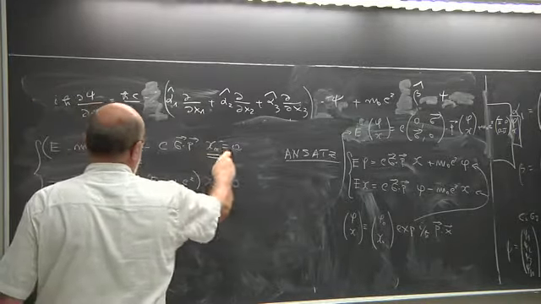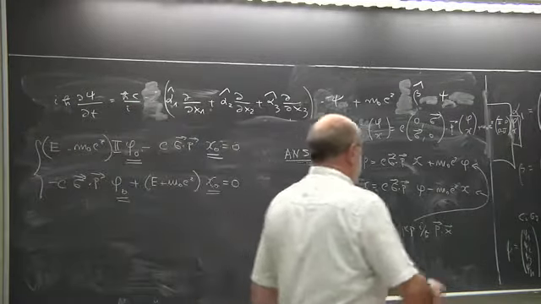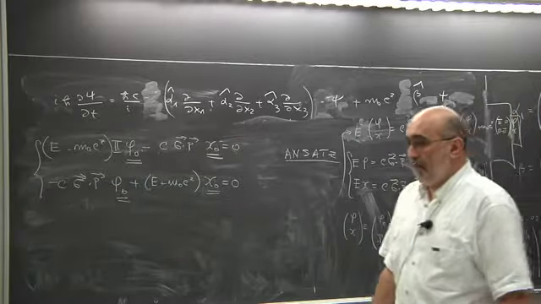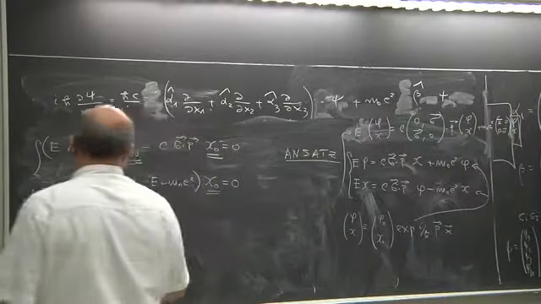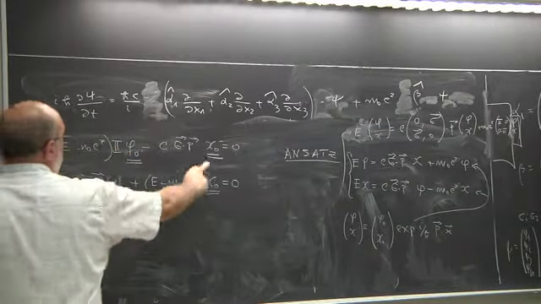The things that we still don't know, despite having fixed the energy and having fixed the momentum, are these constant coefficients, but we have not determined them. They have to satisfy this equation, and we know they are 2 by 2.